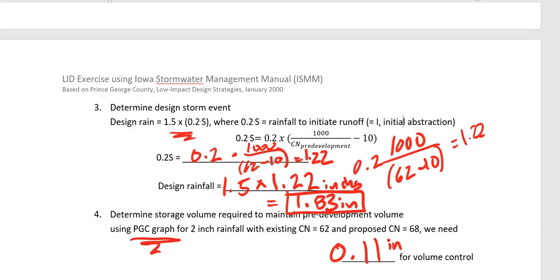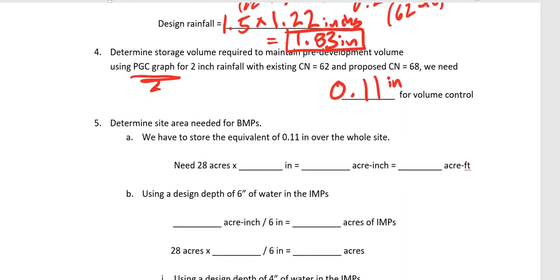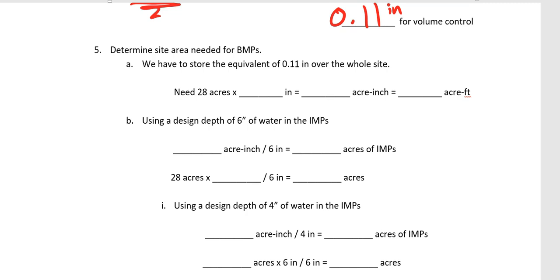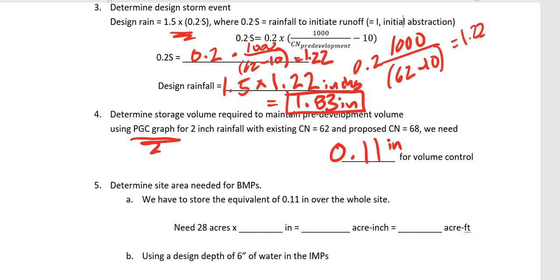Before we go on and do our other calculations to see what we need to control for peak or for water quality, let's look at what we're going to do with this. All right, so we have to store the equivalent of 0.11 inches over the whole site.